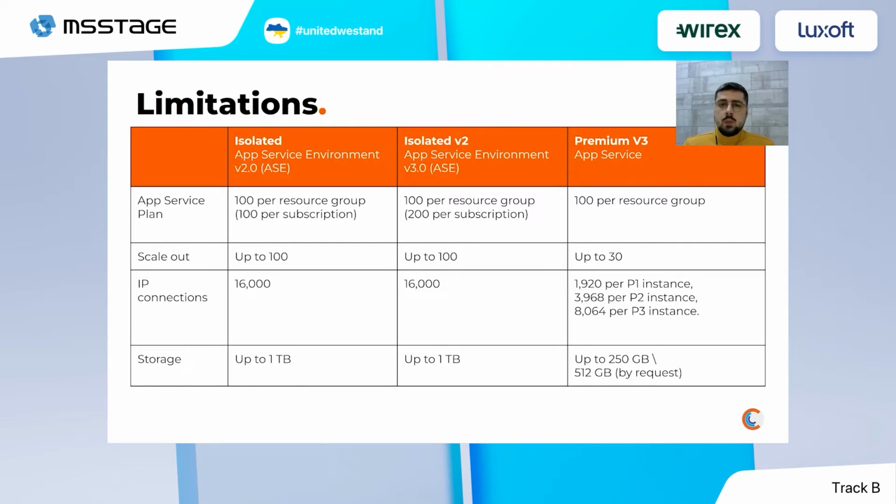But Premium v3 App Service has only up to 30 instances based on the SKU size within the same scaling process. At the top of the table, you can find the limitation of the App Service plan instances, and it is the same for application instances on v2 and v3.